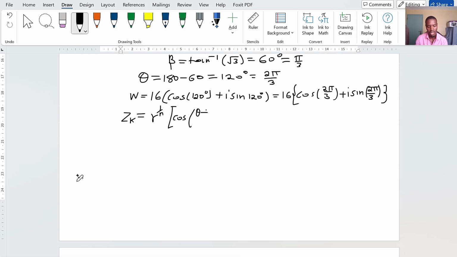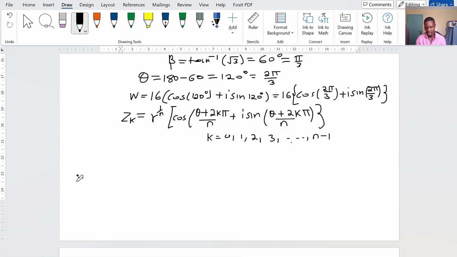So we have cos of theta plus 2k pi over n, and then plus i sin, same thing, theta plus 2k pi over n. Then I close this, where k is 0, 1, 2, 3, and this can go to n minus 1. So that is how we get k.